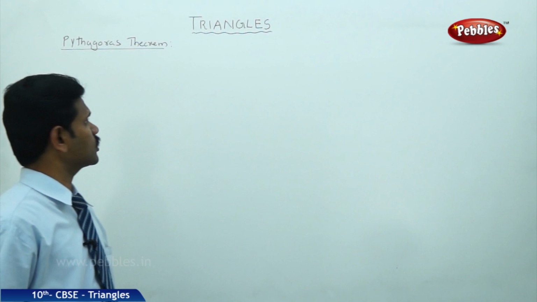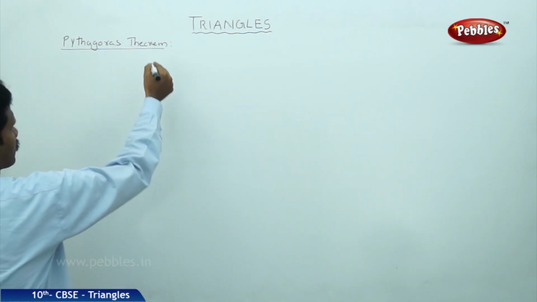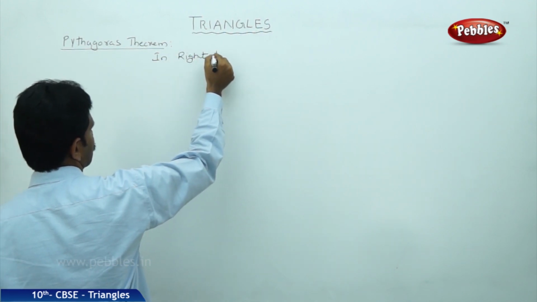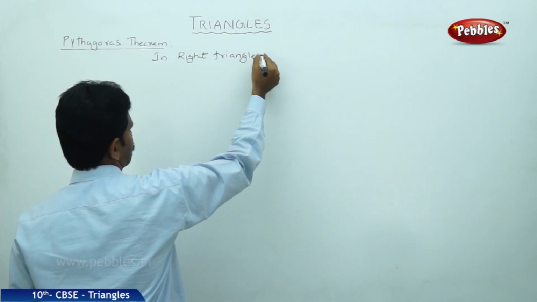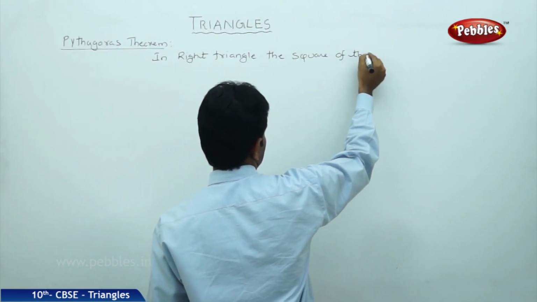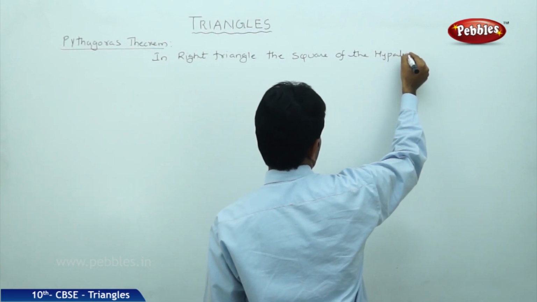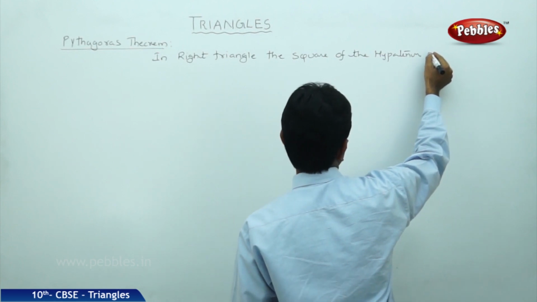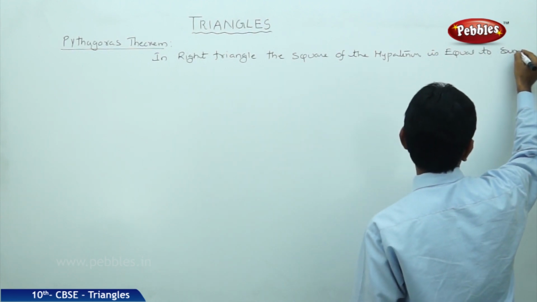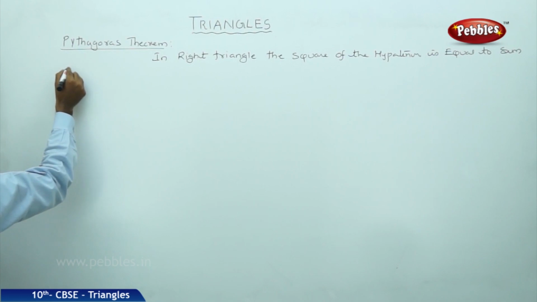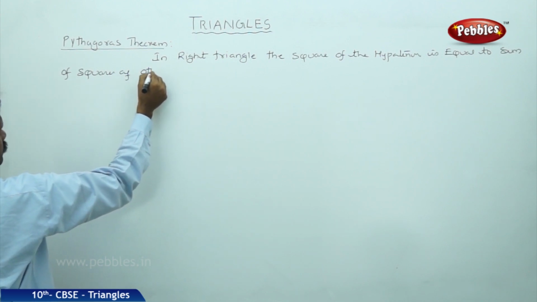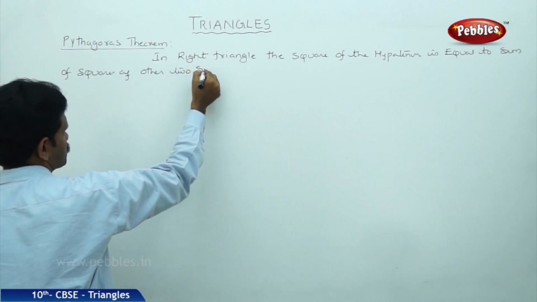Now we will discuss the Pythagoras theorem. Let us come to the statement. In a right triangle, the square of the hypotenuse is equal to sum of squares of other two sides.